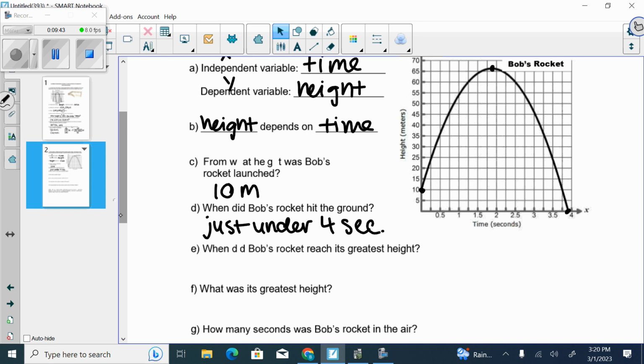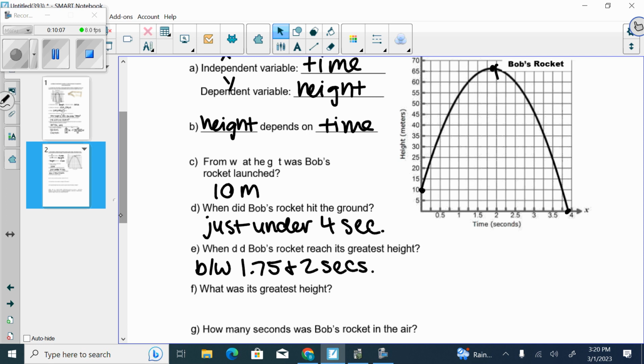Because 2 is this line beside it, right here. So I'd say just under 2 seconds, or between 1.75 and 2 seconds. Either one is fine. So between 1.75 and 2 seconds. Or you could do kind of like we did here, just under 2 seconds. We're just approximating.